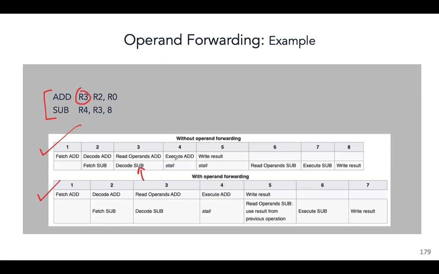It won't be ready until this instruction is fully executed and it writes its results into memory, right? Only then can the second instruction fetch it and start its operation. So while this happens, the subtract instruction cannot proceed because it does not have the necessary operands, so it waits.